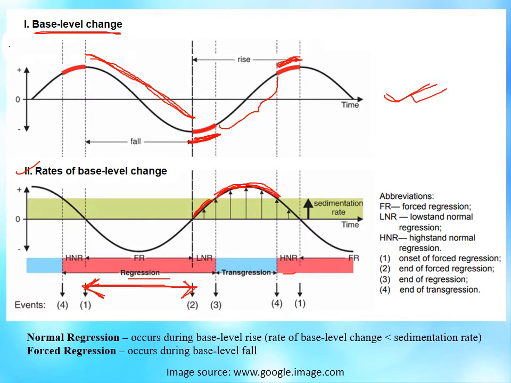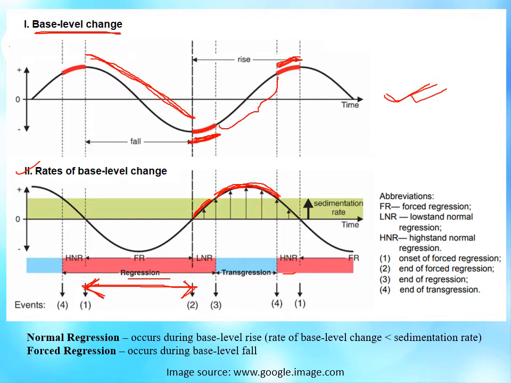That means only in this portion the rate of creation of accommodation space, that means the rate of increasing water content, is higher than the sedimentation rate. So that is why only in this portion an area can suffer transgression.